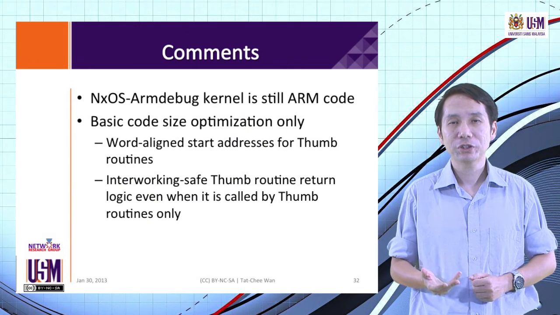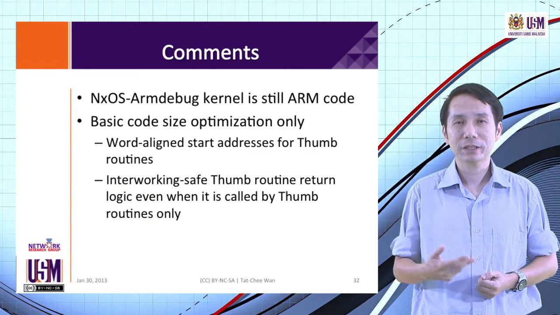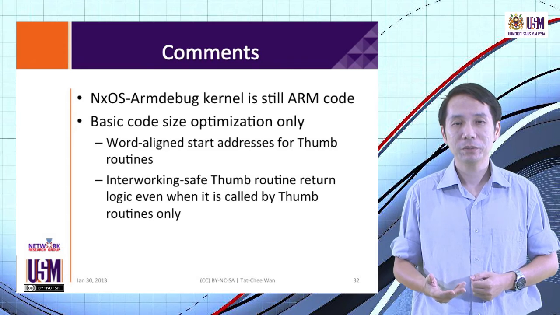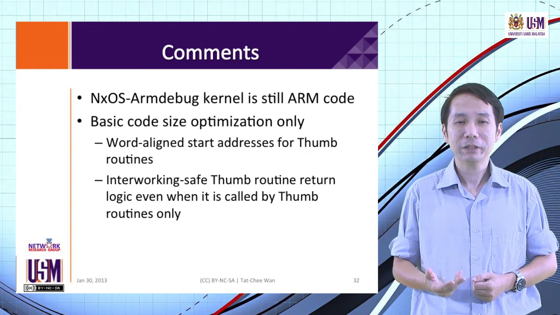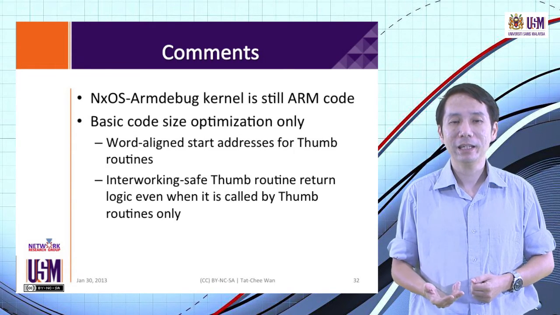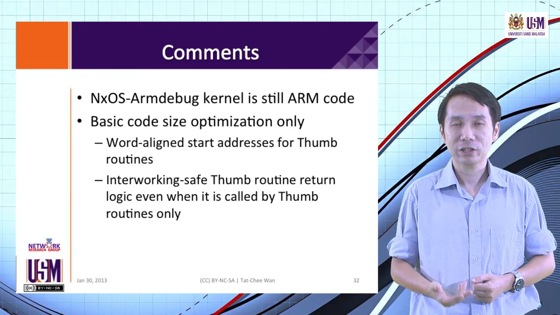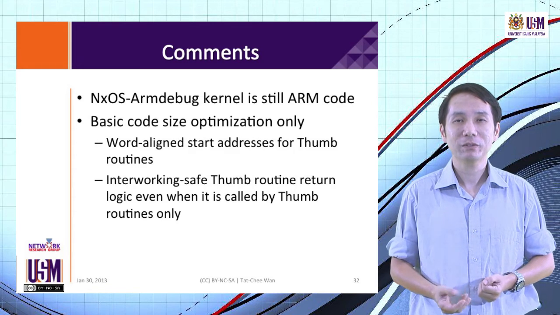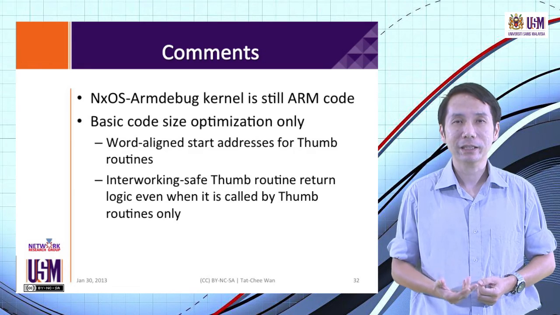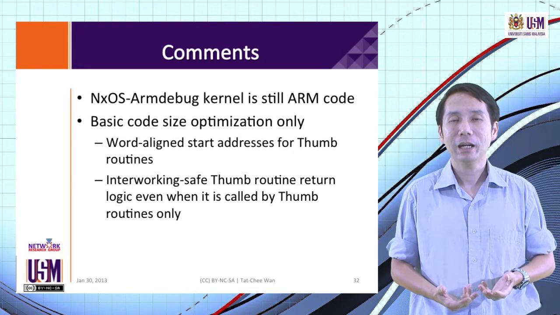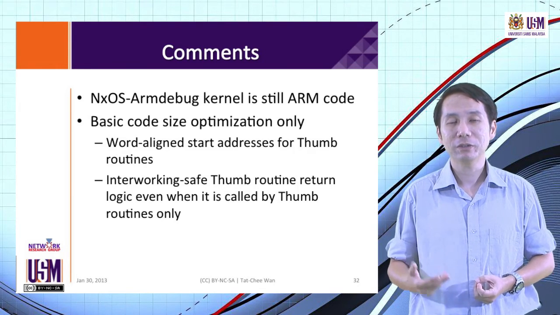So this table shows the output of the object size comparison between the ARM-only code and the interworked Thumb code. The ARM-only code has various sections defined, which is the RxD header, init, vectors, data, text, and BSS sections. Now, most of the other sections remain identical to the Thumb version. The only difference is in the .text section, which has the ARM instructions or the Thumb interwork instructions in the other case.